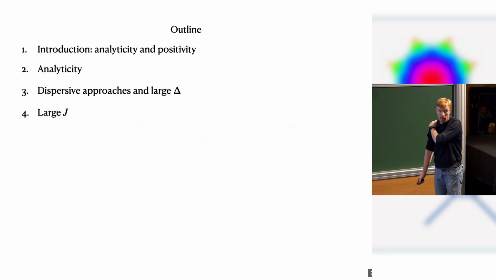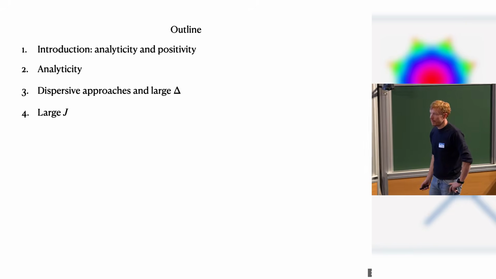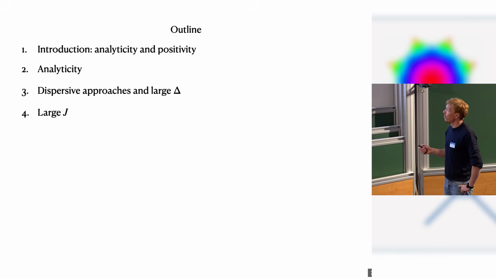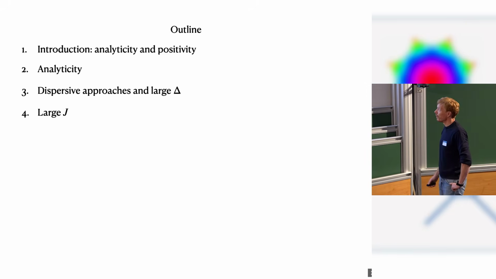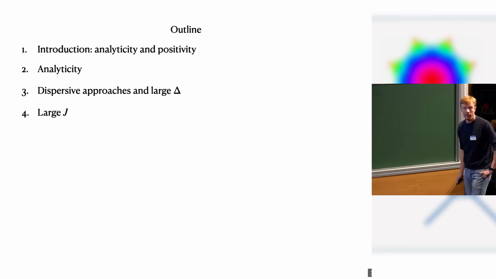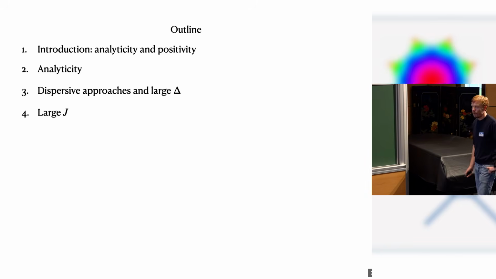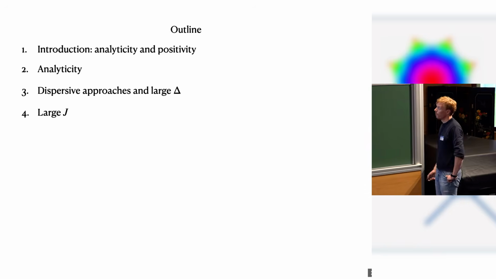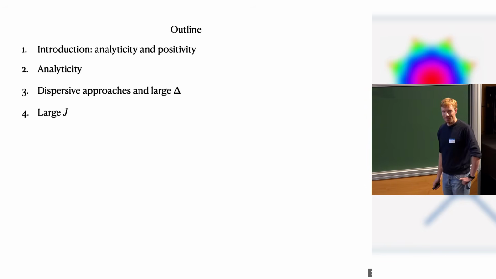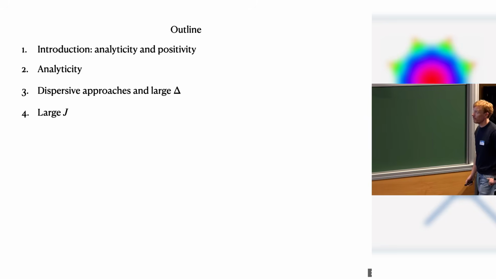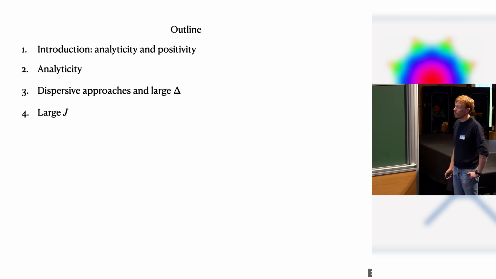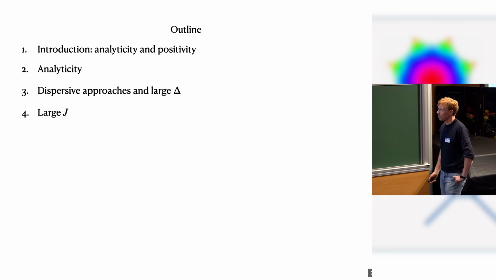Okay, so that was a bit of a simple motivating example. My introduction hopefully conveyed the idea that analyticity and positivity, or convexity, are the kind of things, the keywords, that we should be using somehow to constrain this class of functions.